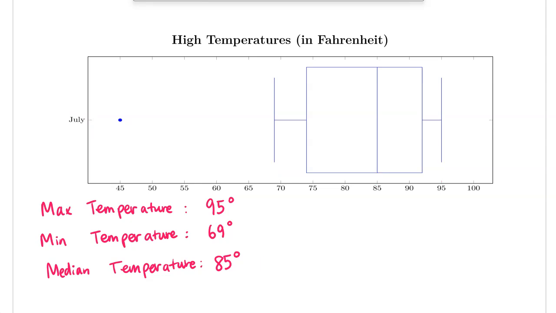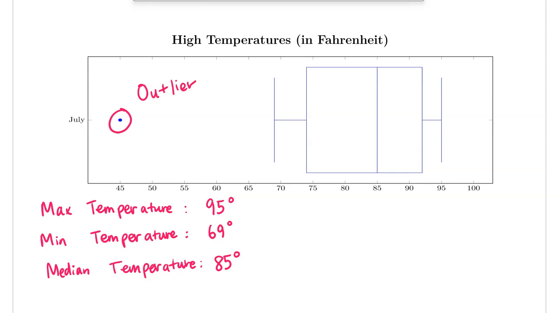Now, one thing that I want to discuss is this dot here. If you ever see a dot on a box and whisker plot, this represents what's called an outlier. An outlier is a data point within a data set that is really far away from all of the other data points. It lies far outside of the other values.